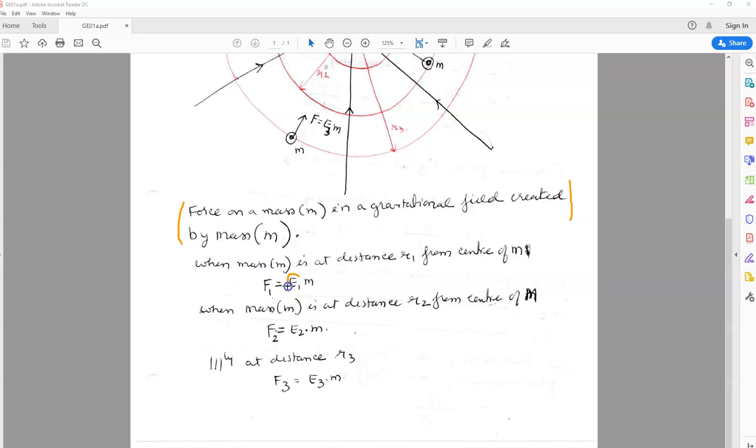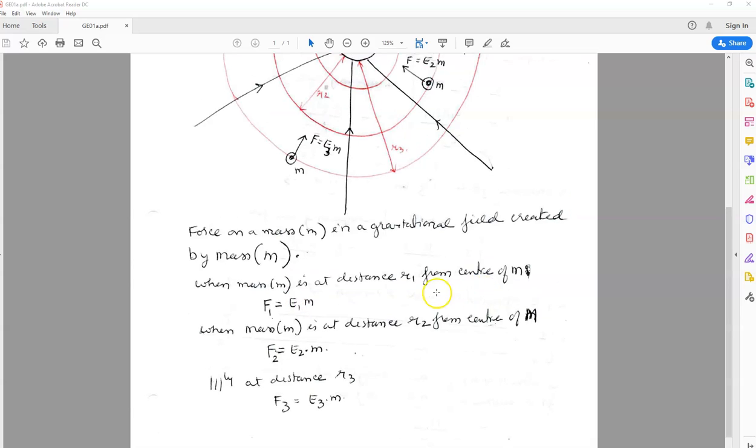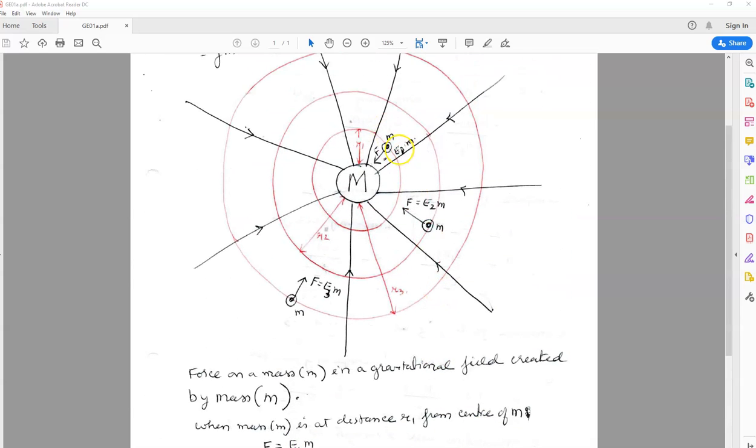Now E1 here is the value of the gravitational field at that distance. So here E1 is the gravitational field strength at the distance r1. E2 is the gravitational field strength at the distance r2 from this center, and E3 is the strength of the gravitational field at that distance r3.